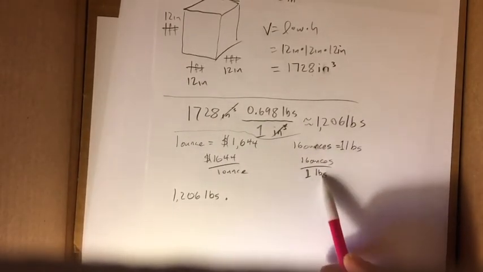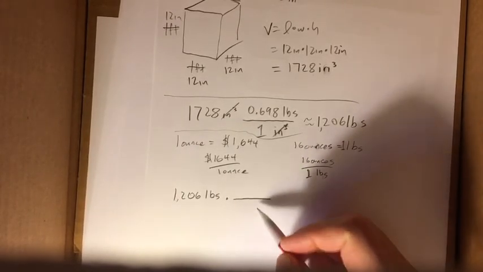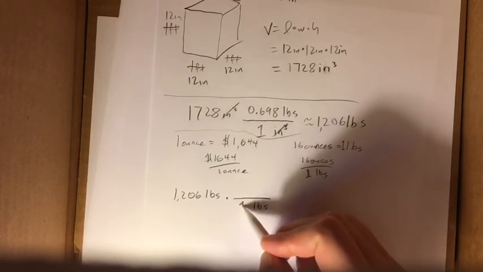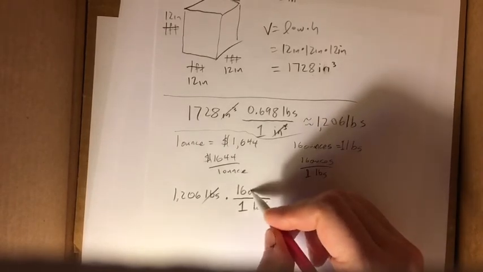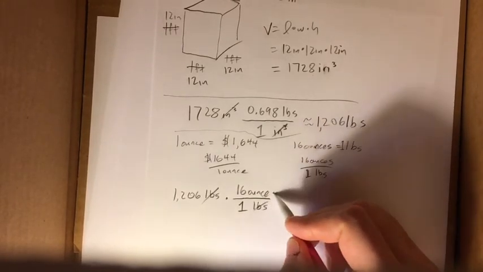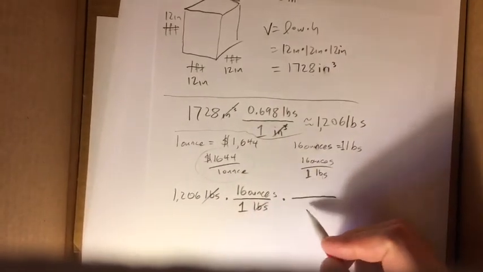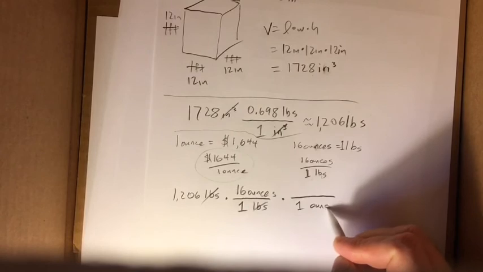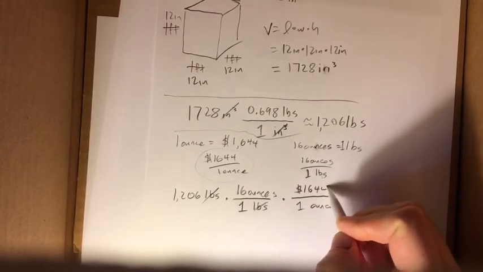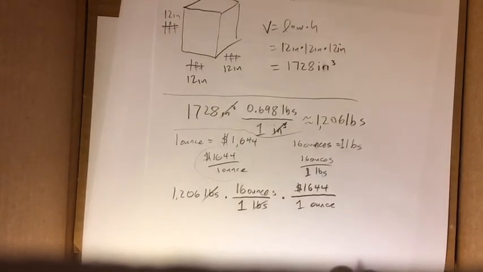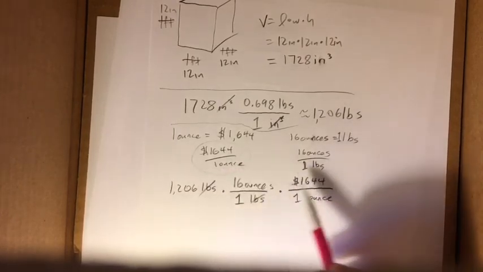Now what I want is I want the pounds to be on the bottom. I think I got lucky the way I did this when I wrote it out the first time, but I need the pounds to be on the bottom because I need these to cancel out. So these are going to cancel out. 16 ounces goes on the top. And then in this ratio, I want ounces to be on the bottom. So I'm going to put 1 ounce. And each ounce is $1,644. Okay? And so this would actually be really easy because I don't have to divide. I have ones on the bottom. I'm just going to multiply this by this by this.